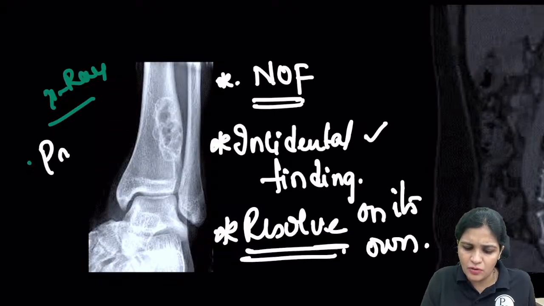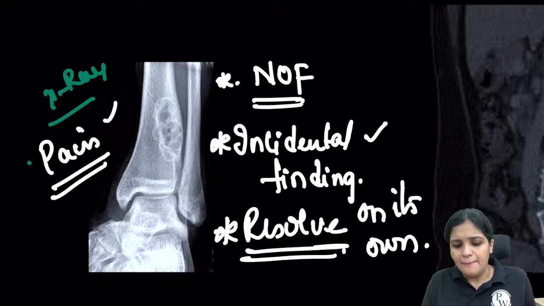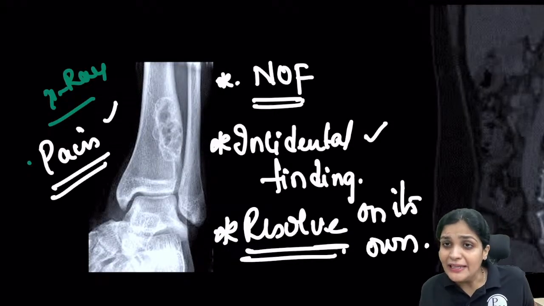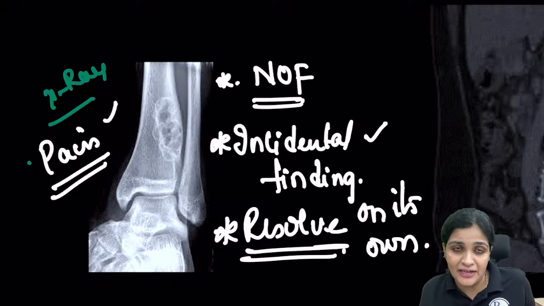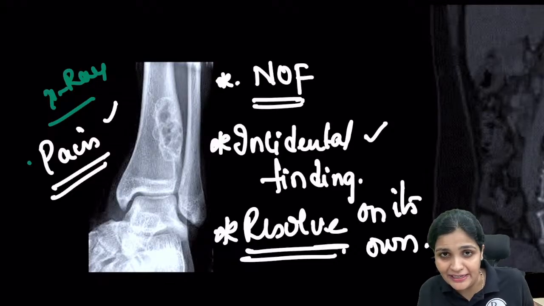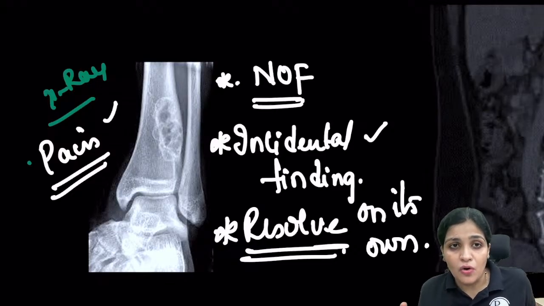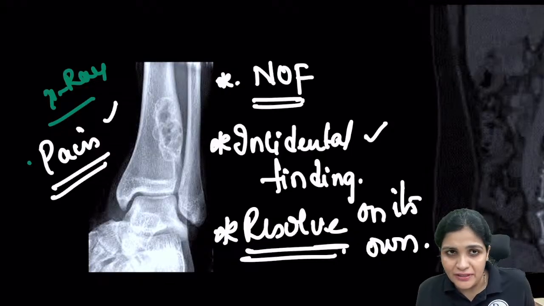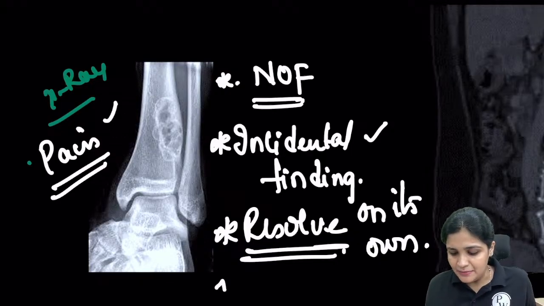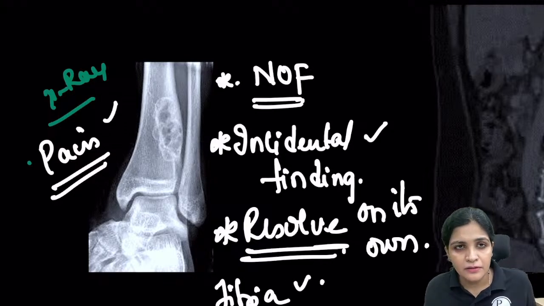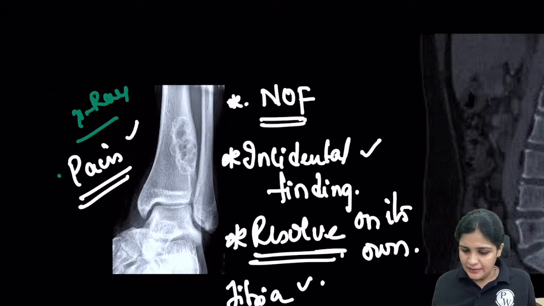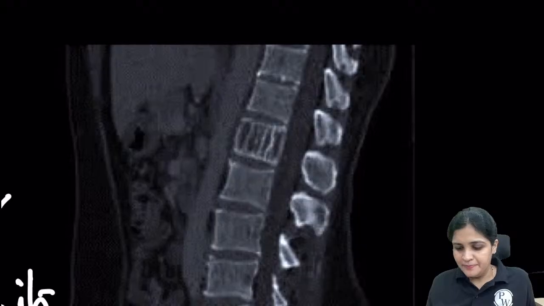But this is an incidental finding. That means he comes with some other complaint, and when we take the X-ray, we find this. So that is why it is called an incidental finding, which is called non-ossifying fibroma, and usually it resolves on its own, nothing to do with it. Okay, usually seen in the tibia bone. Okay, ma'am. Yes.